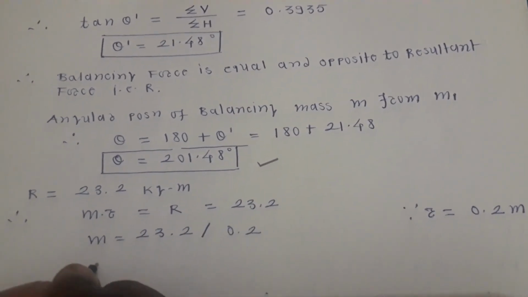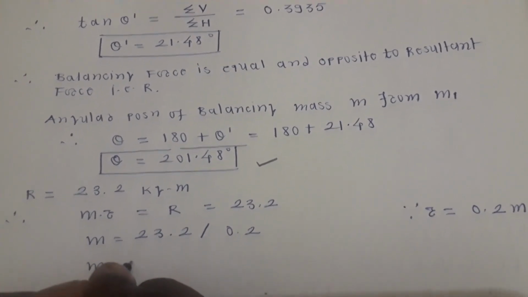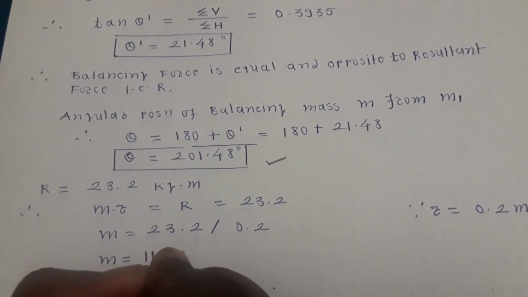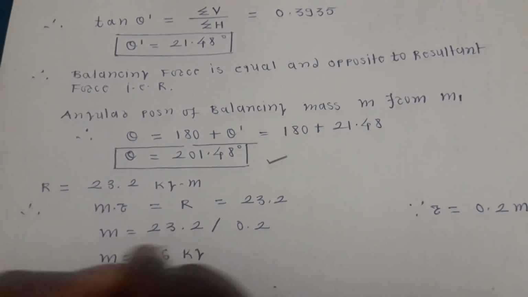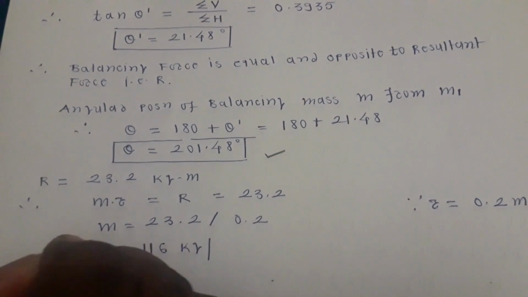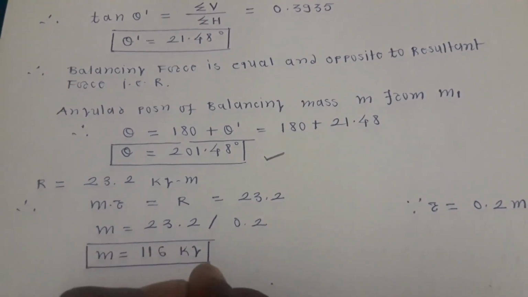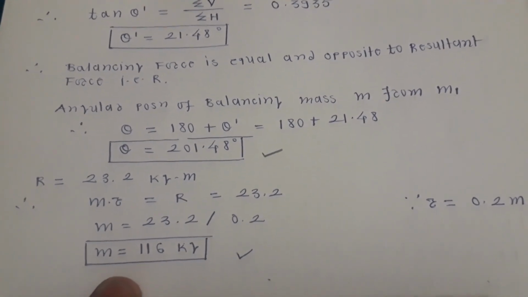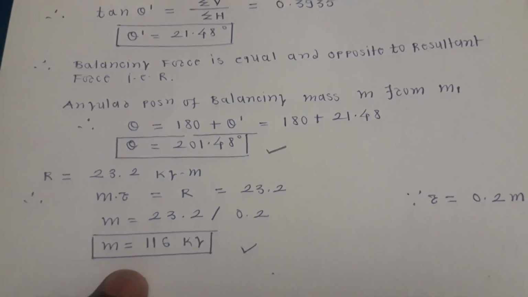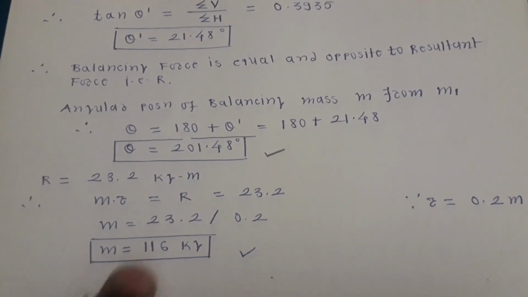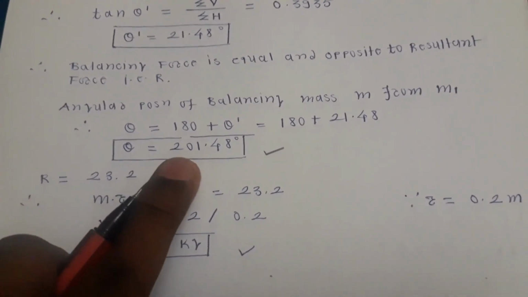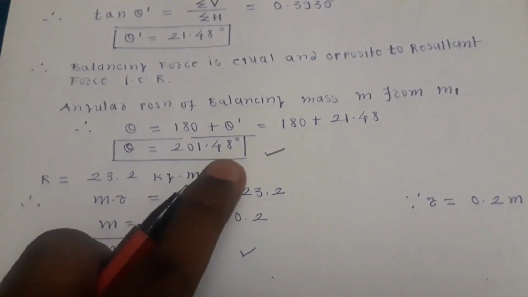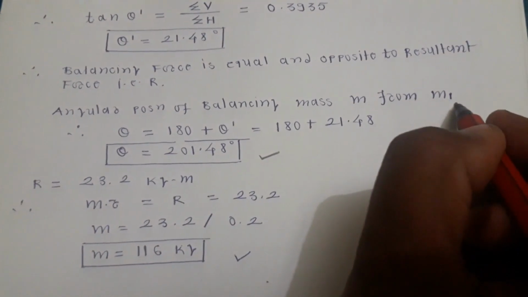So here you will get the balancing mass equal to 116 kilograms. So we have calculated the magnitude of balancing mass as 116 kilogram, and the position of this particular mass is at 201.48 degree from the first mass m1.